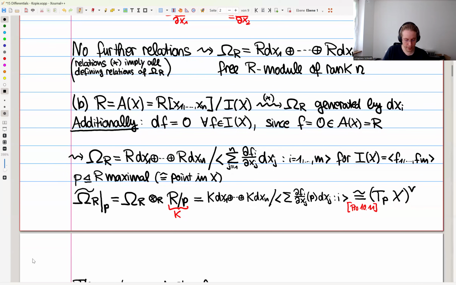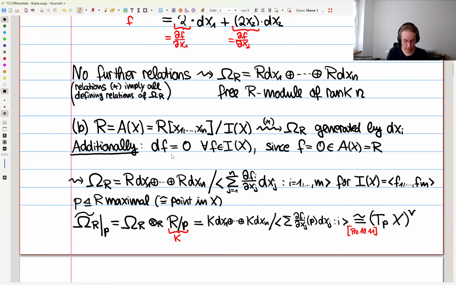So you have this sheaf on Spec R, and then you can take its fiber at the point P. And by definition, the fiber here we saw can be just calculated by such a tensor product over R with this R modulo P, like this K. Since this is maximal, this is actually isomorphic to K. And so what you do is you take this quotient here and you tensor it over R with K.